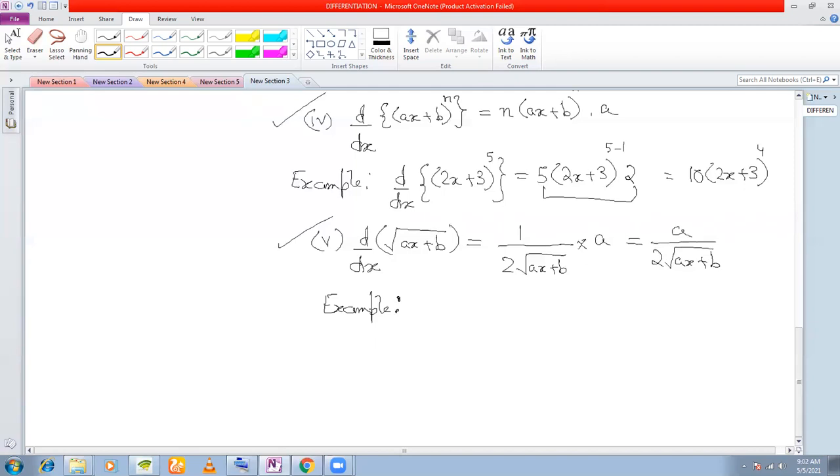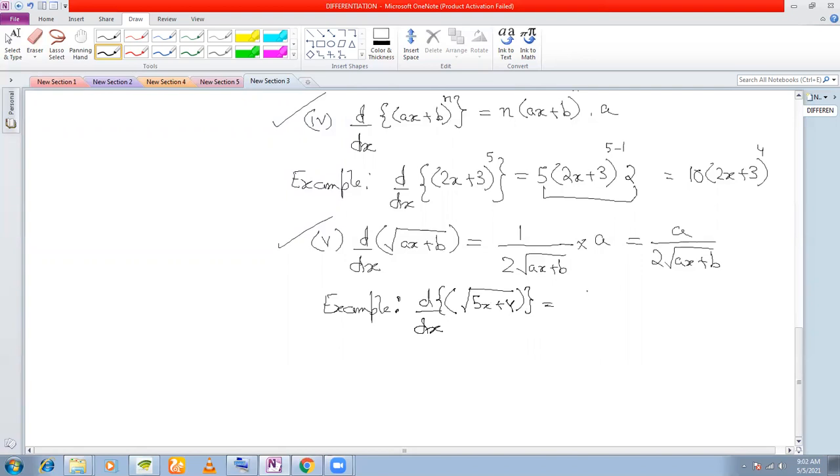So the next one is d/dx of root ax plus b. Let's take an example: d/dx of root 5x plus 4.